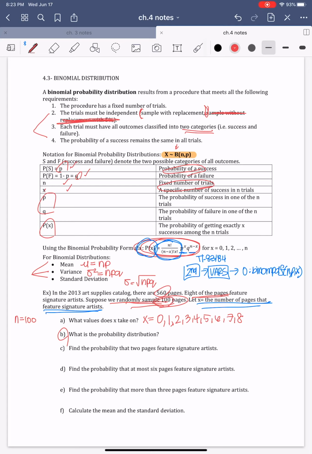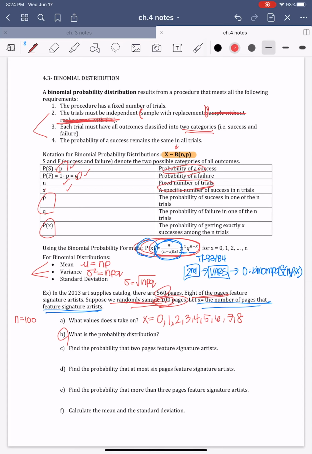This is a pretty easy one. It has the concept of a fixed number of trials, that sample size. So I have a feeling that it's going to be a binomial distribution. But remember, it has to meet all 4 requirements. So let's go through the 4 requirements to confirm.